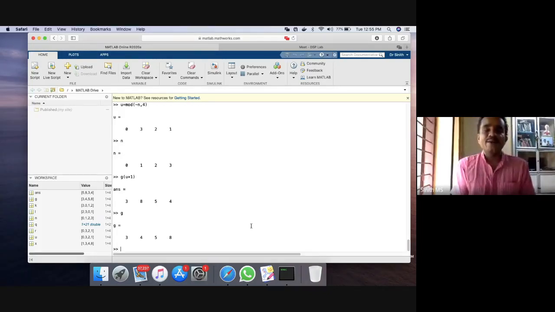All these have inbuilt codes in MATLAB. You can use those inbuilt codes also to verify this, but you have to write your own code from scratch. I hope this much is enough.